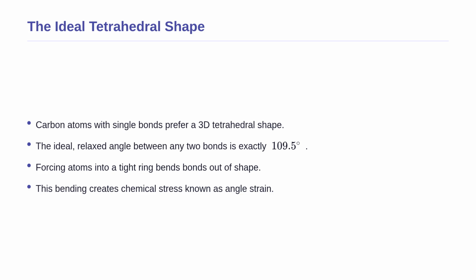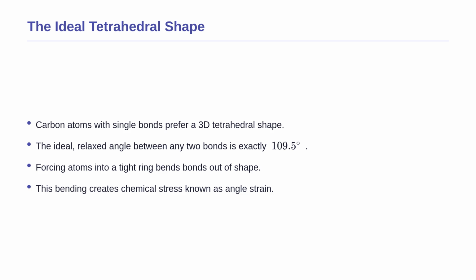Now that we have our holding hands analogy, let us look at the chemistry. In organic chemistry, carbon atoms connected by single bonds naturally prefer to arrange their bonds in a three-dimensional shape called a tetrahedron. In this perfect, relaxed pyramid shape, the angle between any two bonds is exactly 109.5 degrees.